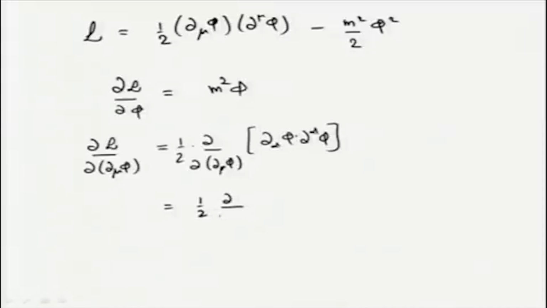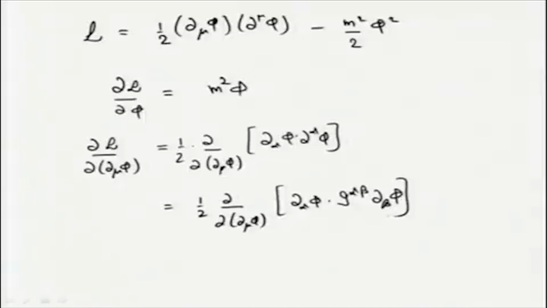So, half the derivative with respect to ∂_μ φ of, now since I am taking the derivative with respect to a covariant derivative of φ, I will write everything in the square bracket here in terms of the covariant derivative. I can do that by using g^{μν} or g^{αβ}, the metric tensor g. So, I will write it as ∂_α φ as it is, and this one is g^{αβ} ∂_β φ.